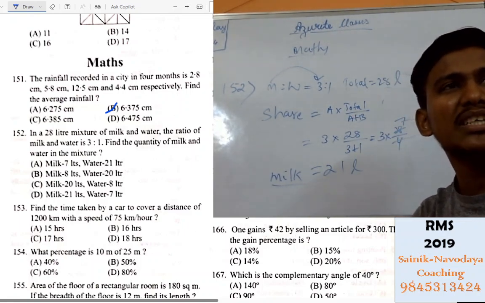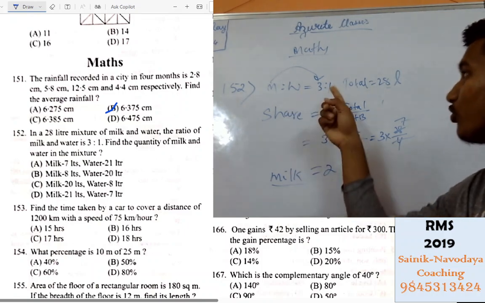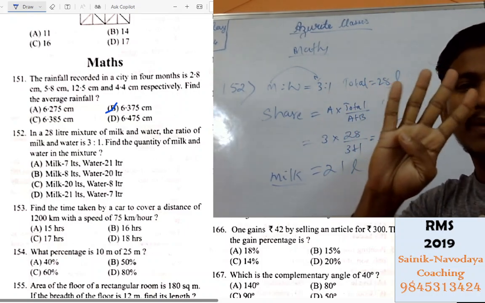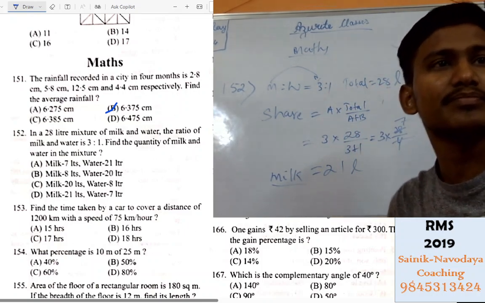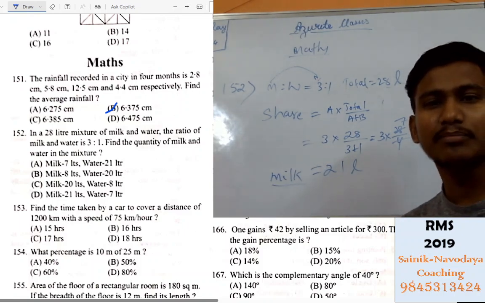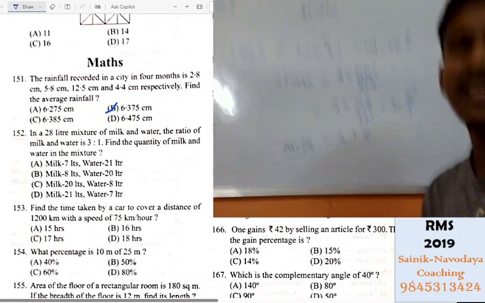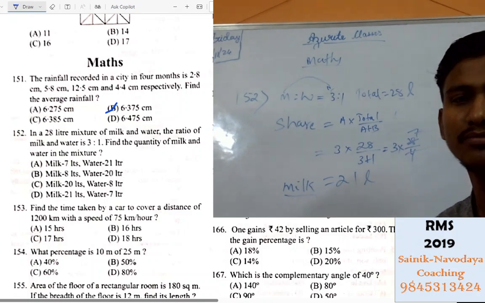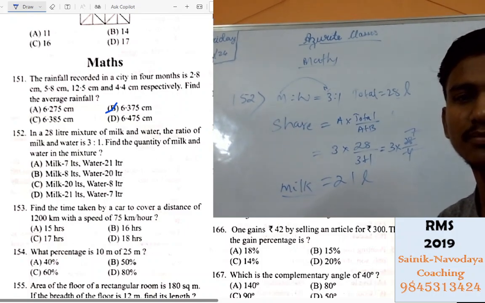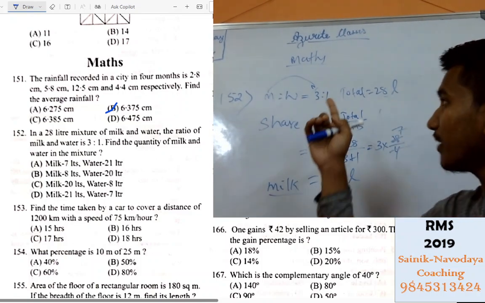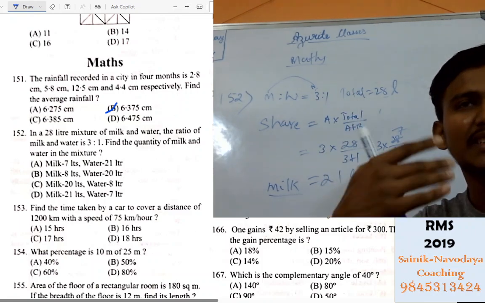Each part will be 7. Here total parts are how many? 3 plus 1 means 4 parts they are making. So if you make 4 parts, one part will be 7 liters.